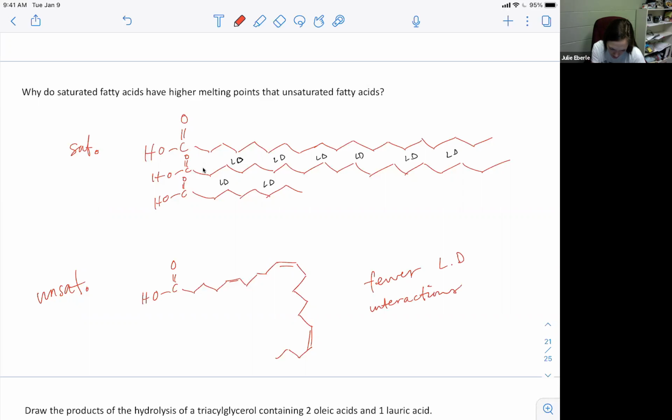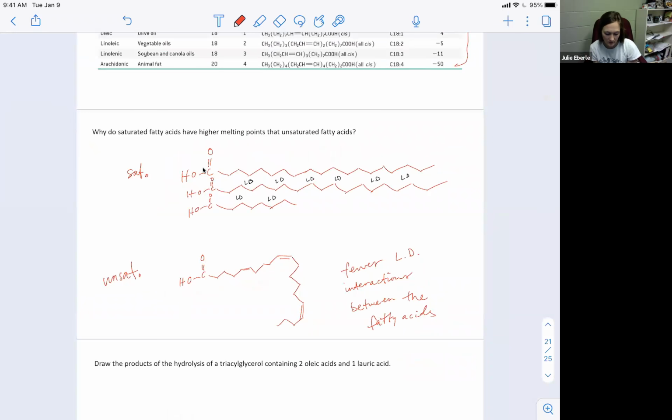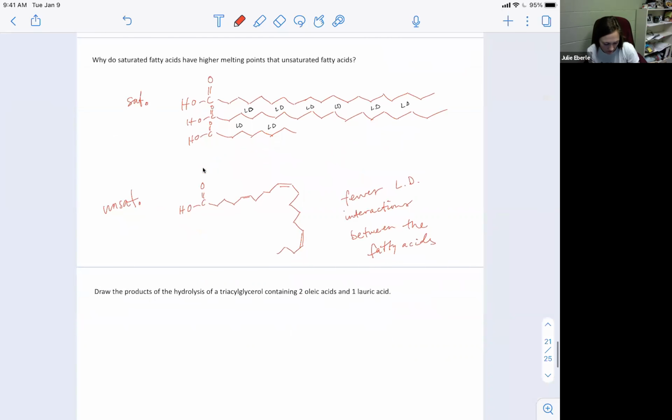Fewer London dispersion interactions between fatty acids. Okay, but those have huge consequences. And that's how we get all different kinds of oils versus solid fats, which are useful for different things. And they're useful for different things in our body as well. All right, any questions on that?